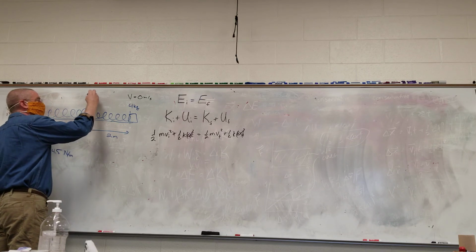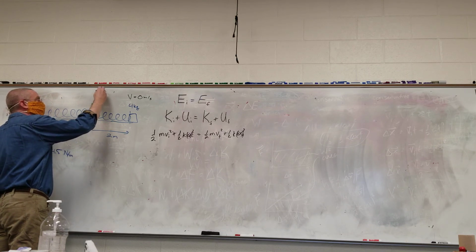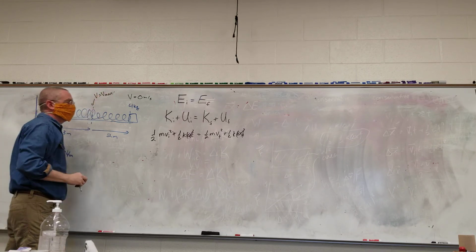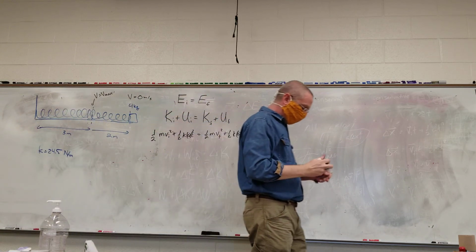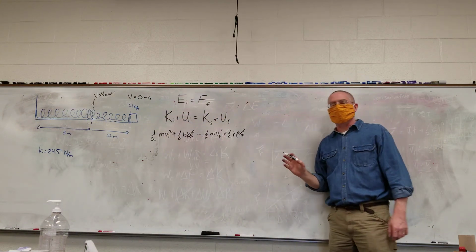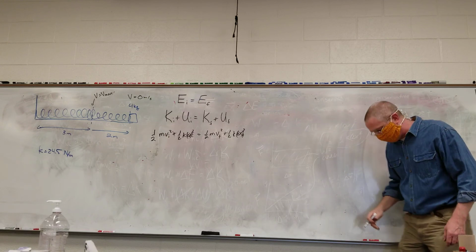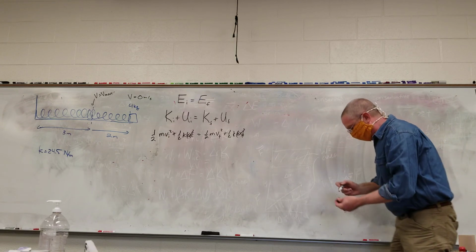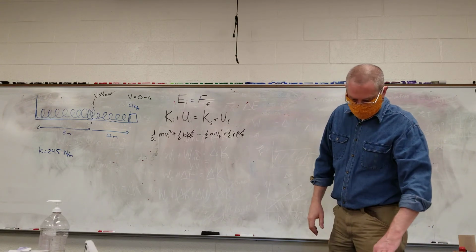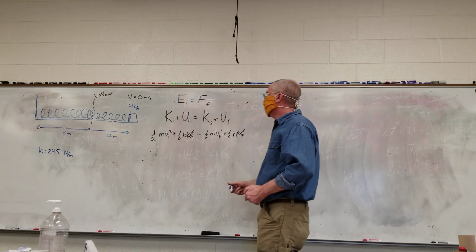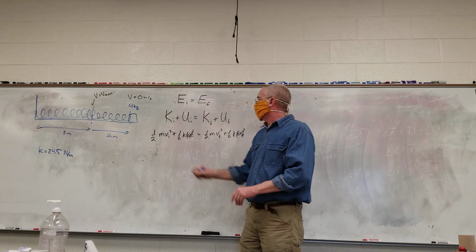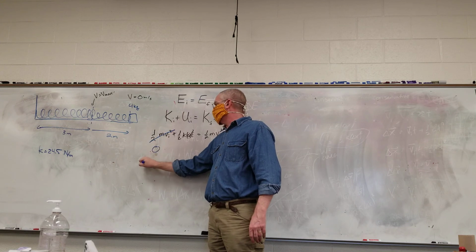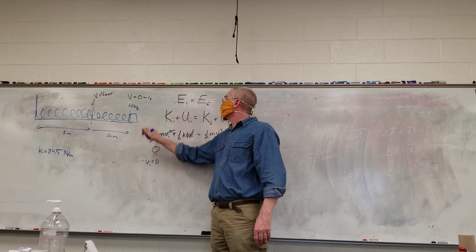At this point right here, my speed is maximum, because once it passes that point, the spring is going to be pushing on it, slowing it down. So this is 0, because my initial speed is 0.